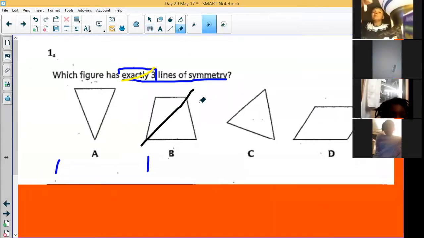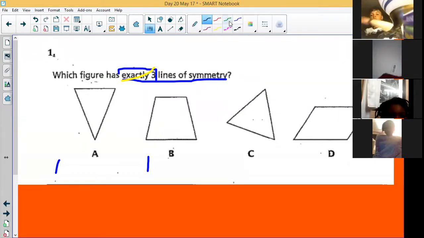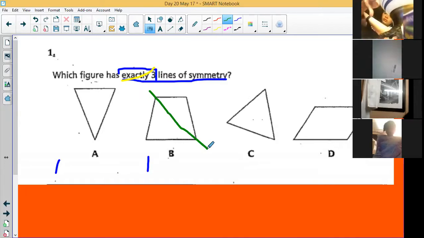We're going to draw one more diagonal for this one. All right, tell me if that's a line of symmetry. Thumbs up or down?